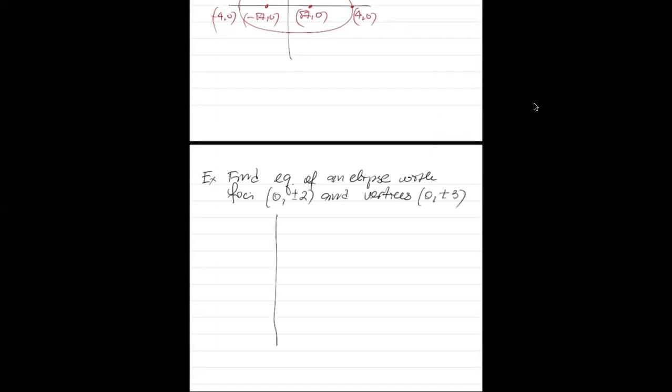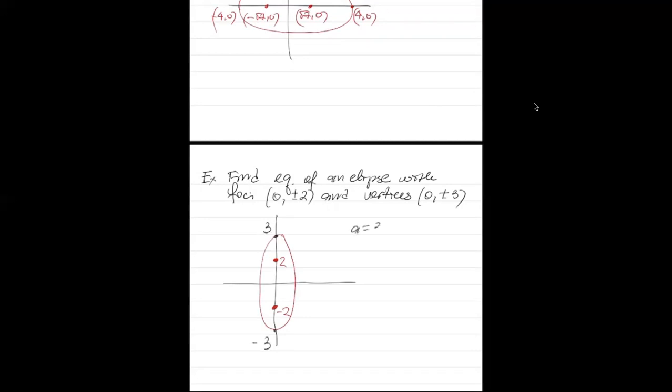So if they give you the foci and you notice they are along the y-axis, this is one of them, and this is the other, that means your ellipse is going to be this way. The vertex is also given, so that is (0, 3) and (0, -3).